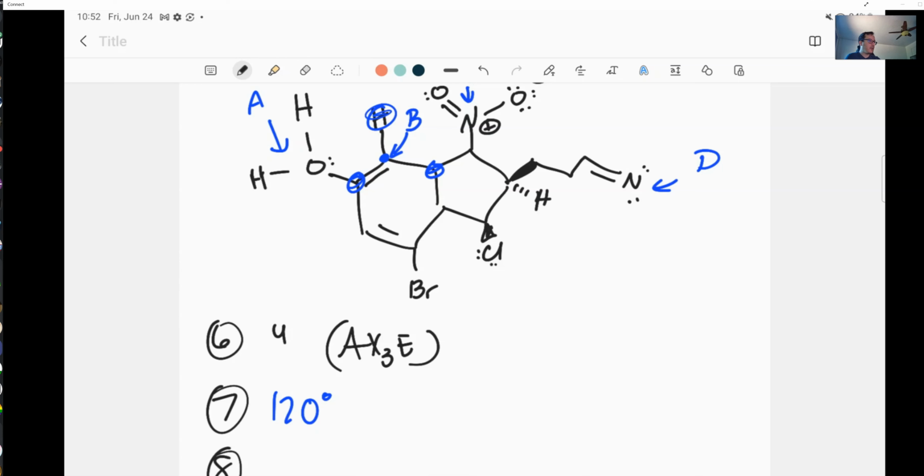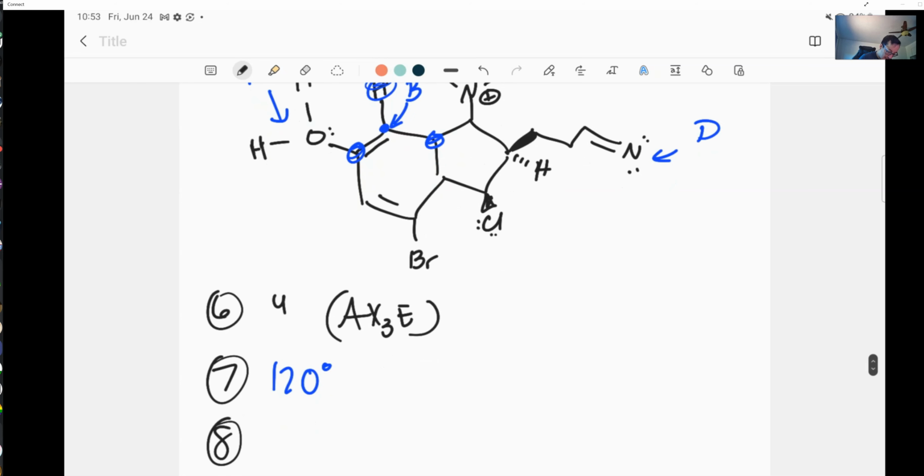So this is a curious one. I'll say it's not bent. How about that? First off, what's its electron geometry? Trigonal planar. Yes, it's trigonal planar electronically, right? So we essentially have the following.